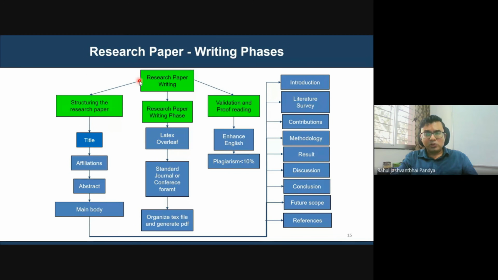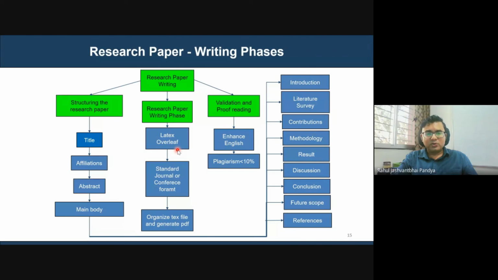Now, the tools in the writing phase. People mostly use Word, or these days Overleaf-based LaTeX is very friendly because multiple people can sync together and work together. It's a multi-user sort of thing, and it's the latest edition of what people use. We use Overleaf, unless someone wants to use Word.